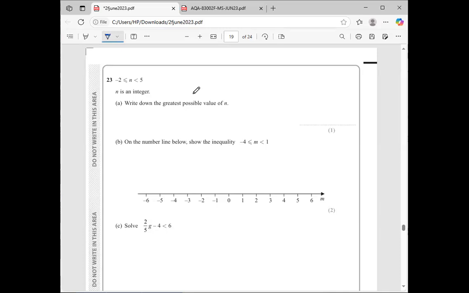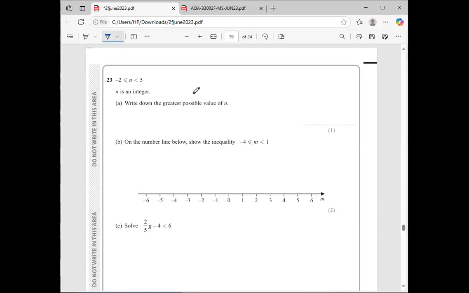Now, remember, just like that question that we solved back there, n is a value between -2 and 5. Now, take note that there's an equal sign on the left-hand side. That means -2 is inclusive. Do you remember when I explained this to you? Yes. When there's an equal sign, yes.